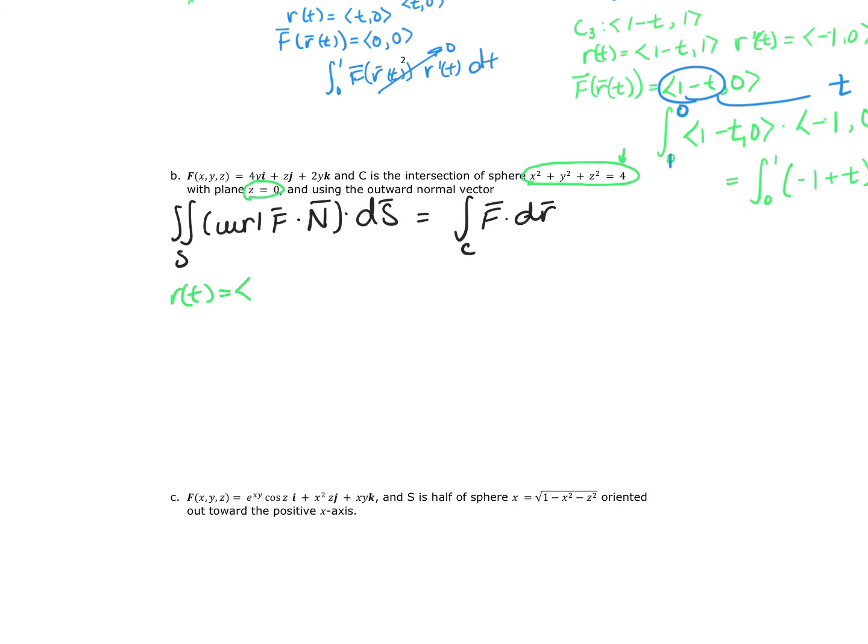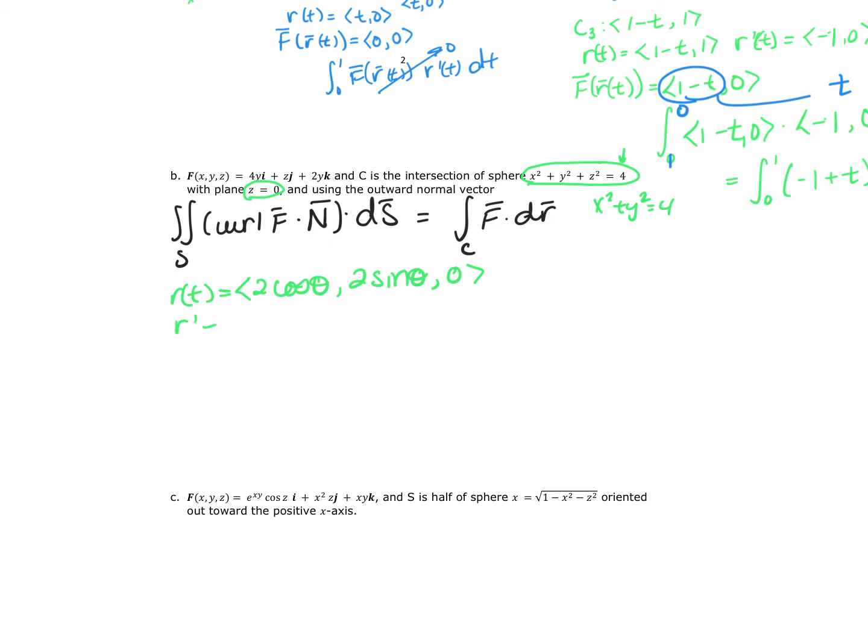So it would be 2 cosine of theta, and then I have 2 sine of theta. And then because I am intersecting with the plane z equals 0, we have 0. So in other words, I really have a circle, which is x squared plus y squared is equal to 4, on the xy plane because z is equal to 0.